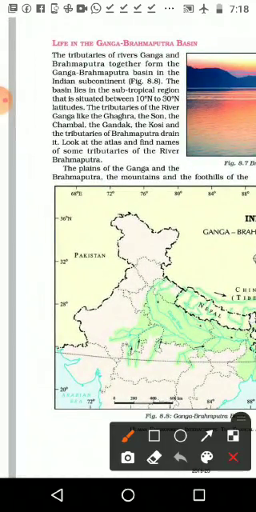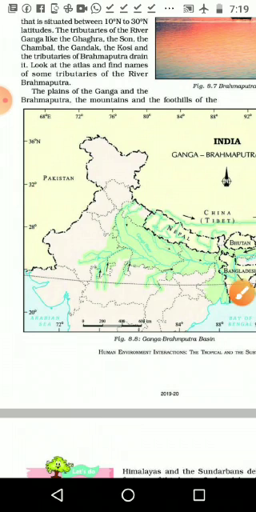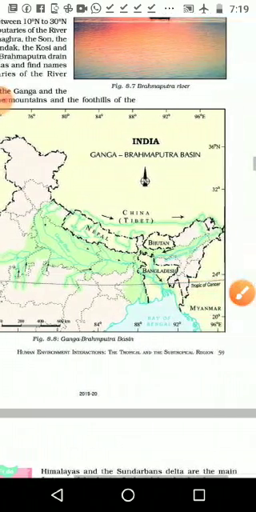Here it is 20 degree, here it is 20 degree, and it is reaching to 32 degree, like that we can suppose 10 degree to 32 degree. And if we look at some of the small tributaries, they are coming down to Madhya Pradesh also.